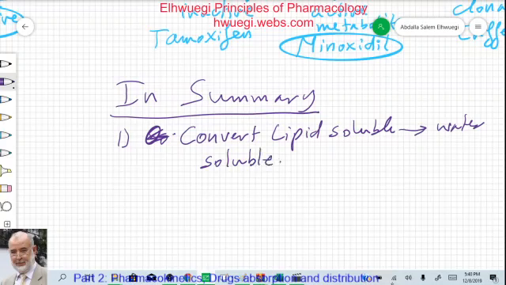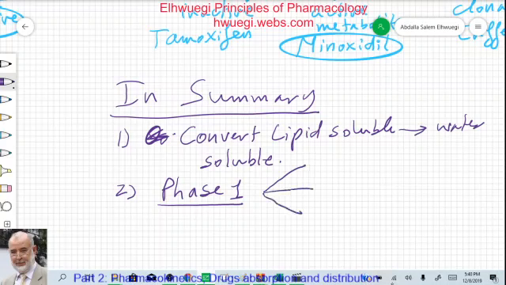This is the main function of metabolism. This is done through two phases, phase 1 and phase 2. We said phase 1 takes place by three processes: either hydrolysis, which takes place mostly in the plasma, or oxidation and reduction.